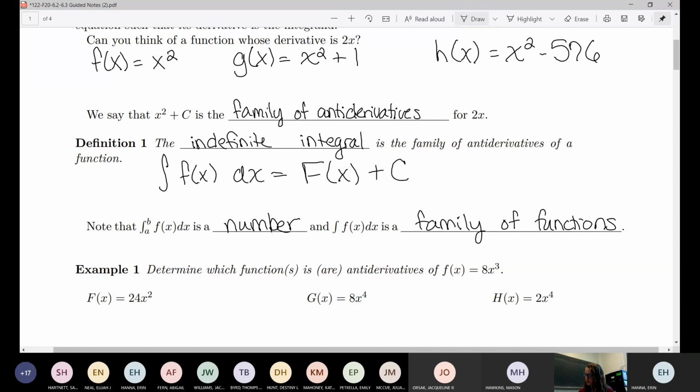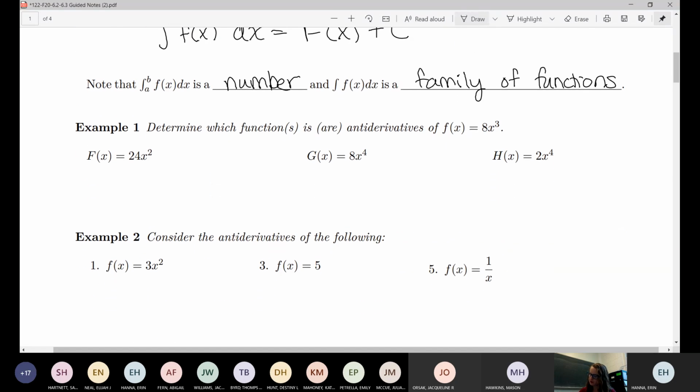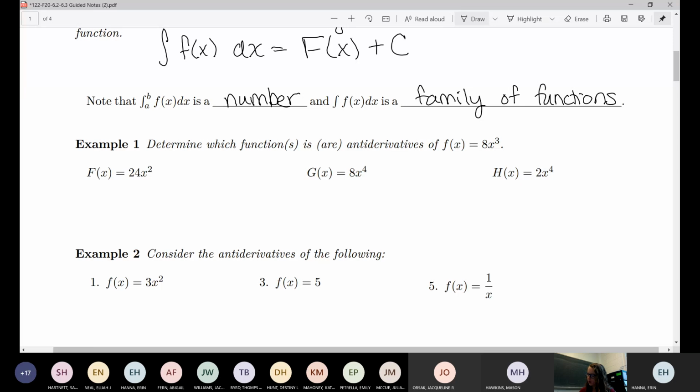Okay, so say we wanted to determine which of the following, maybe there's more than one, maybe there's only one, is or are antiderivatives of 8x cubed. One way you can check to see if something is an antiderivative is to take its derivative. So let's find capital F prime, capital G prime, and capital H prime.